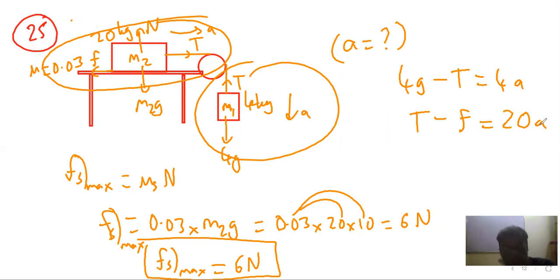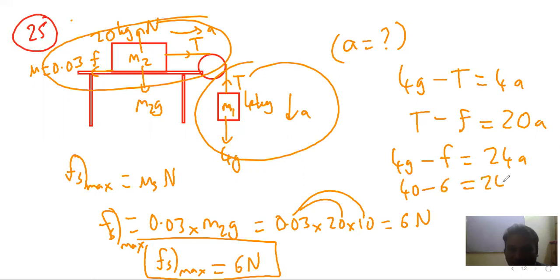Now, if I want to find the value of acceleration, is there any acceleration or not? So what I'll do is add these two equations. So 4g minus F is 24a. If I substitute the friction maximum value of 6 Newton, 34 is equal to 24a, which gives us the acceleration as 34 upon 24, which is 17 upon 12.